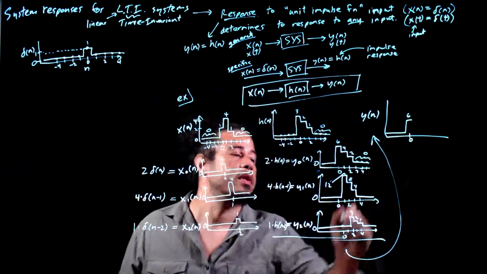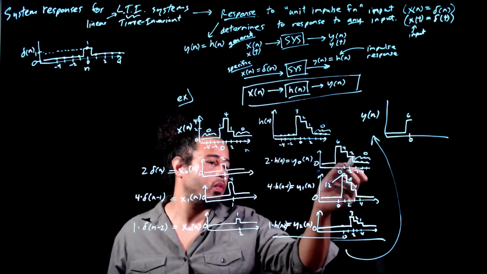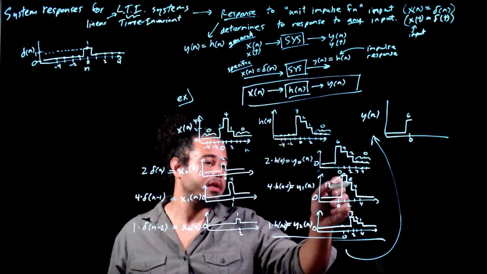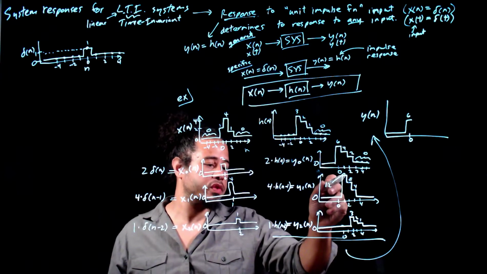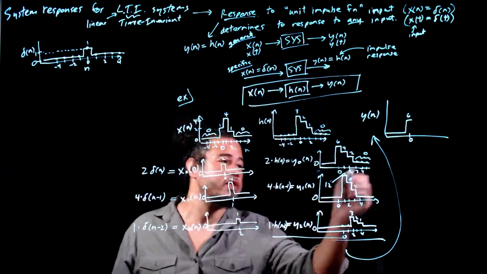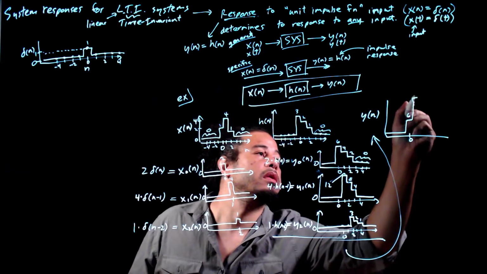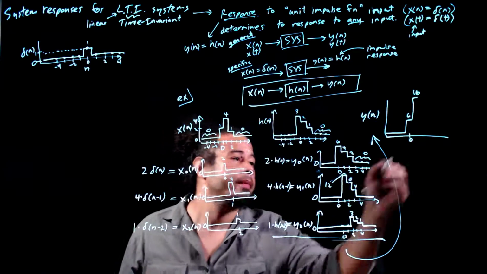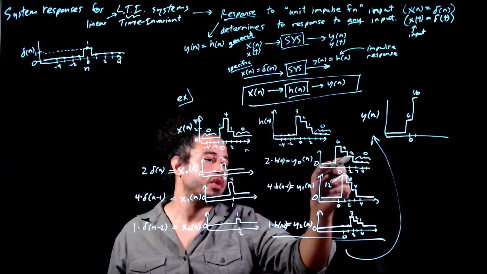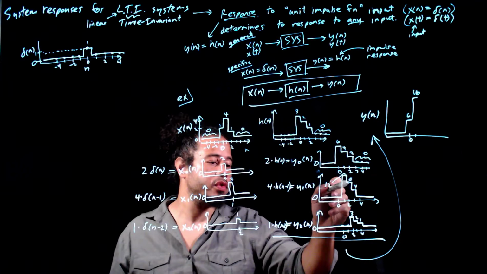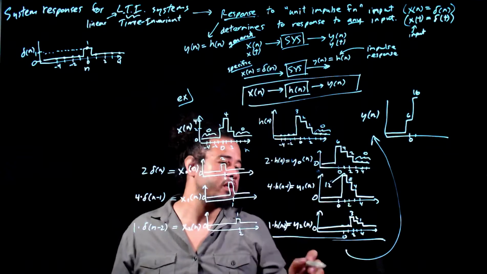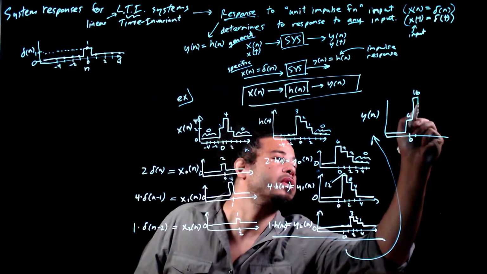At time point 1, we add y0 of 1, which is 4, plus y1 of 1, which is 12, plus y2 of 1, which is 0, and so 4 plus 12 is 16. At time point 2, we get y0 of 2, which is 2, plus y1 of 2, which is 8, plus y2 of 2, which is 3. And 2 plus 8 plus 3 is of course 13, so the output is equal to 13.